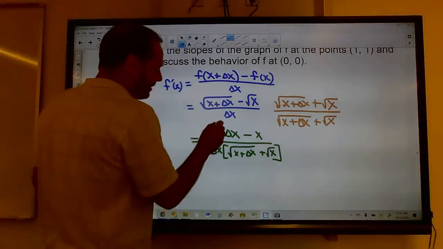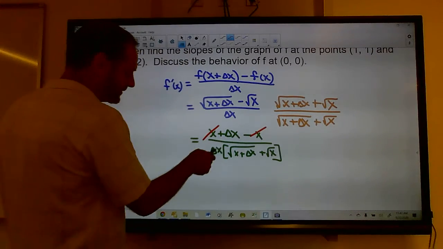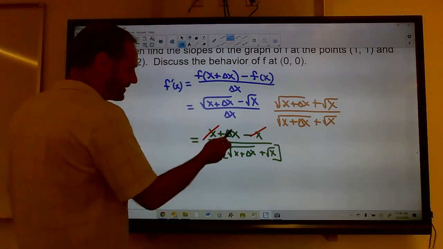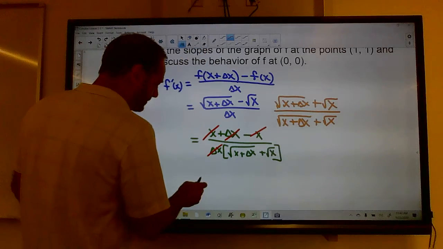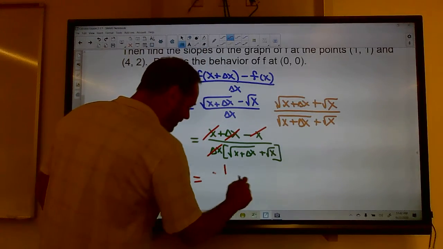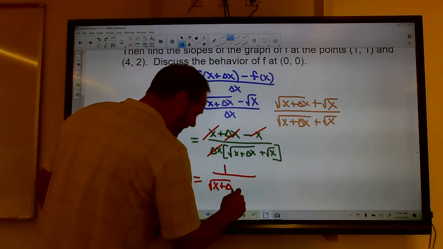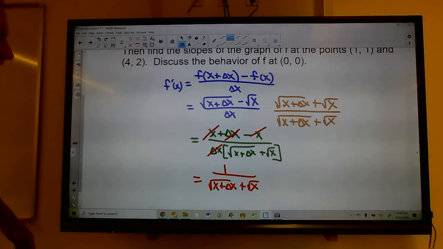Okay, so those cancel out. This is going to cancel with this, because all I have is a delta x left on the top and the bottom. So those are going to cancel out, and I'm going to get 1 over the square root of x plus delta x plus the square root of x.